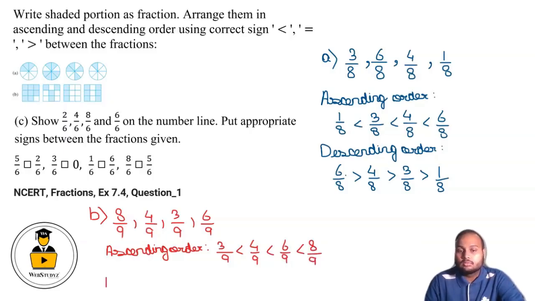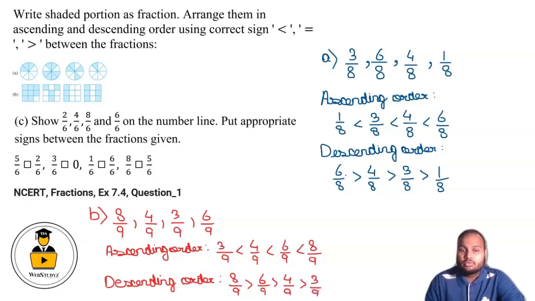In the descending order, 8 by 9, which is the greatest, then 6 by 9, which is greater than 4 by 9, and the smallest is 3 by 9.